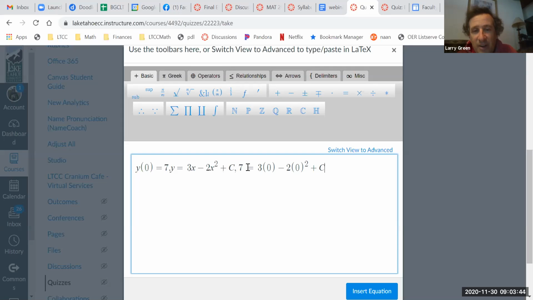And 3 times 0 minus 2 times 0 squared plus c is just c. So that tells us that c is equal to 7. Any questions on that?